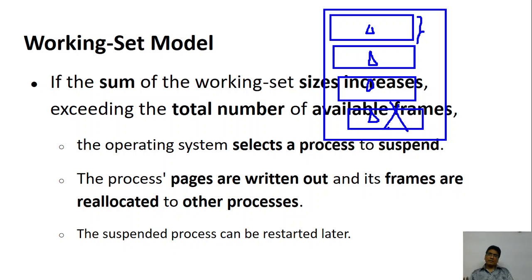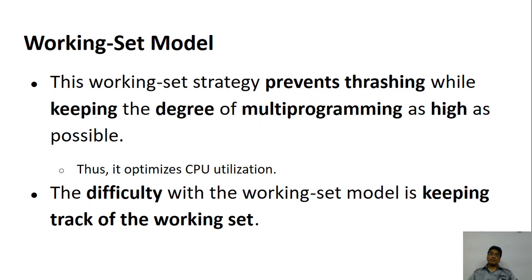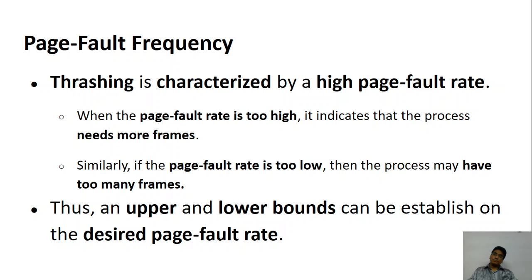Same idea here. The operating system looks at the working sets. If it can accommodate the working sets of all the processes, well and good. If a new process comes and there is no space, it will say wait. If an existing one asks for extra, then one of them will be suspended. That's the idea being used.